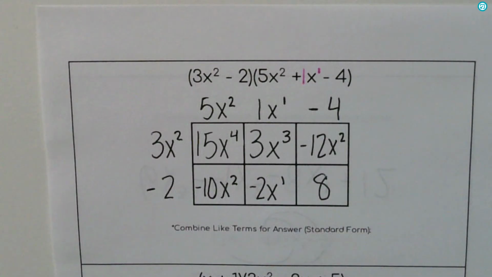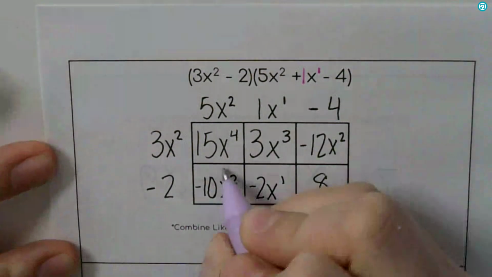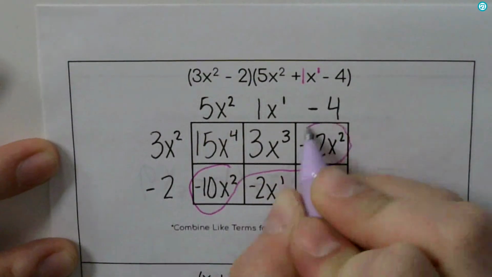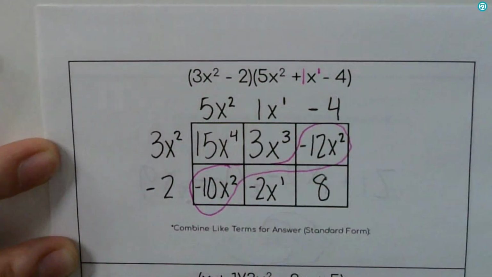Hey, any questions on the table before we combine things? Okay, what can get combined? The negative 10 and the negative 12, because they're both x squareds.